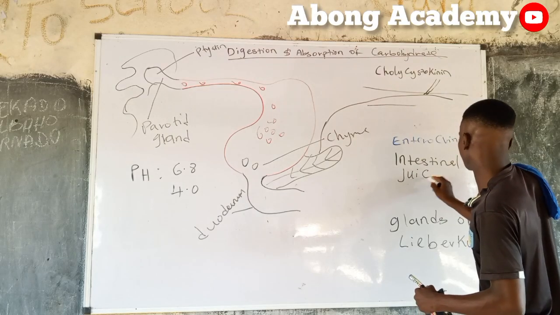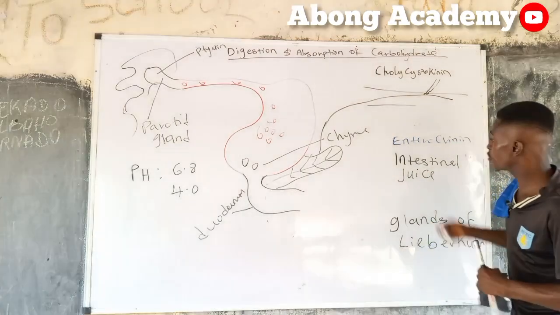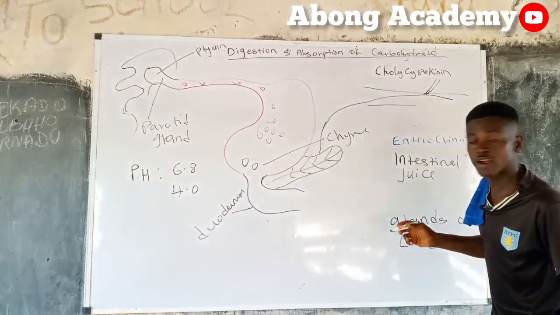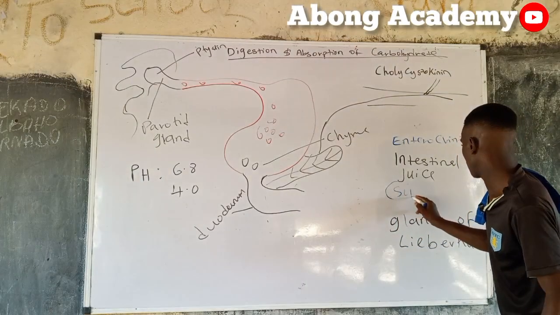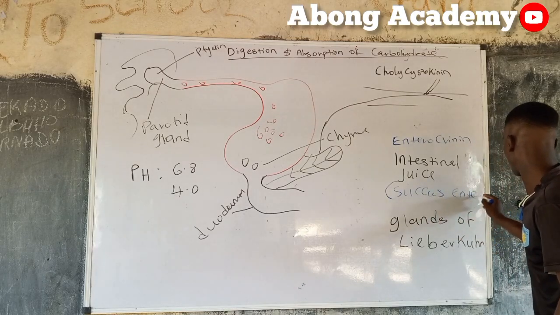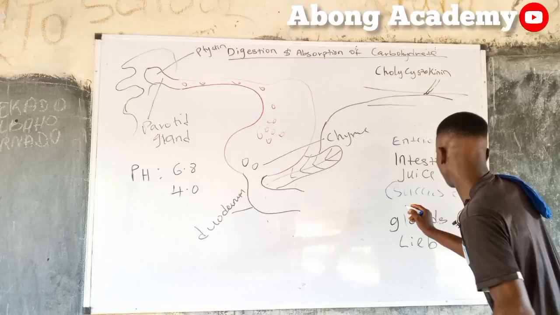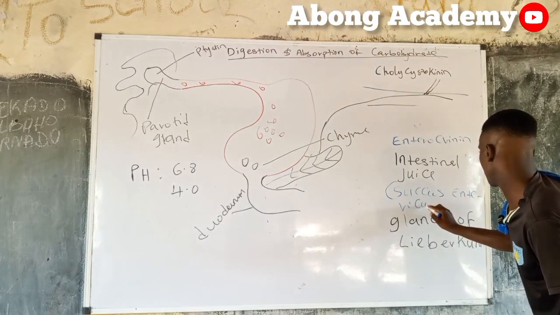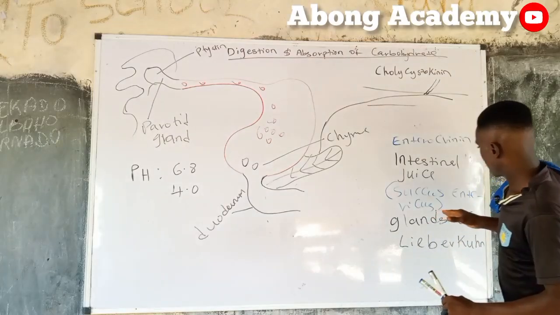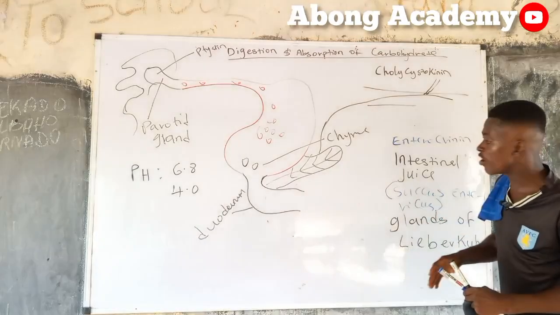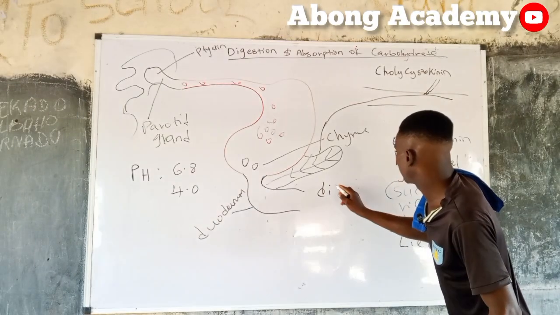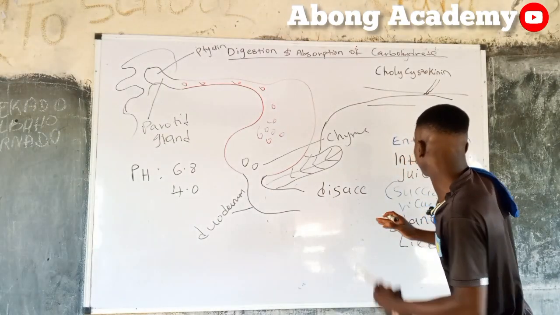Intestinal juice, which is also referred to as succus entericus. Now this succus entericus contains enzymes like disaccharidase.